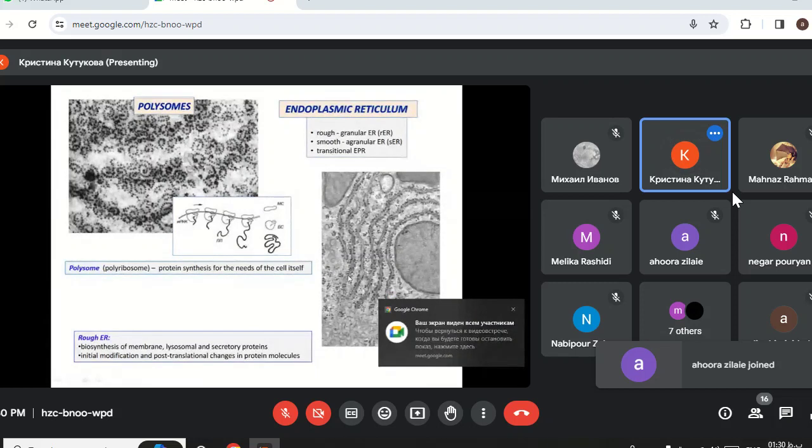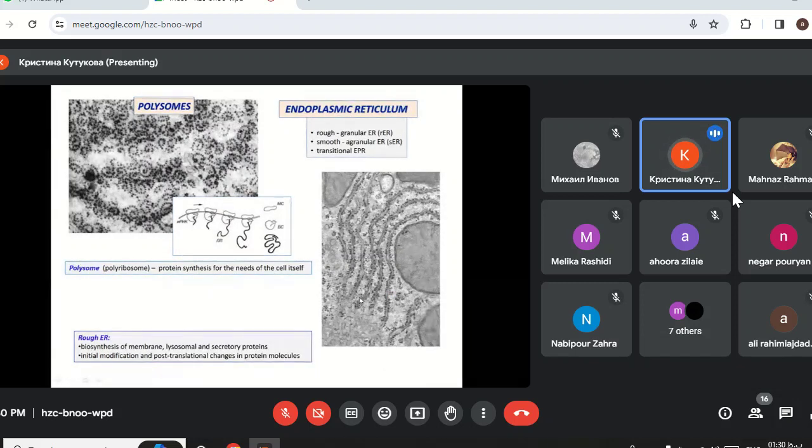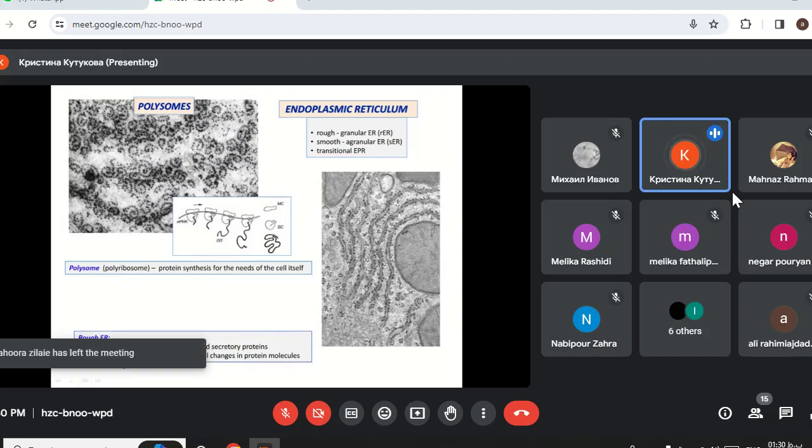And these will be some different proteins. So these will be the membrane, lysosomal and secretory proteins, and also here in rough endoplasmic reticulum inside it, the initial modifications and post-translational changes of protein molecules happen.